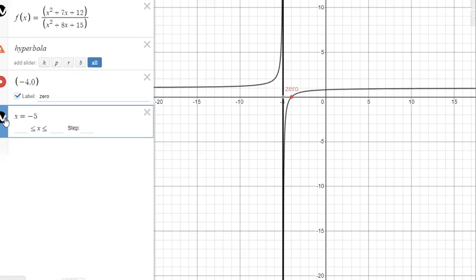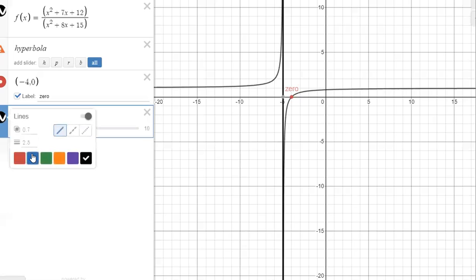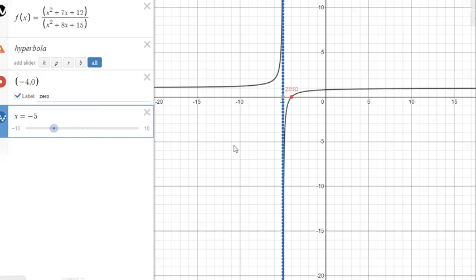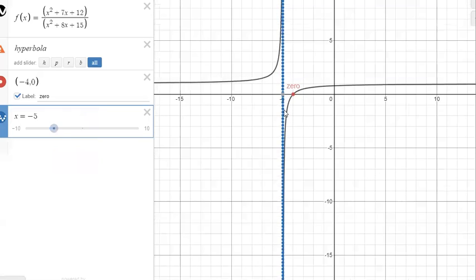So what I'm going to do is change this color to blue, and change it to a dotted line, because when we graph asymptotes, we always want to put them as dotted lines, right? And what you'll notice is both ends of the graph can get very, very close to this dotted line, but never actually cross it, never intersect it.